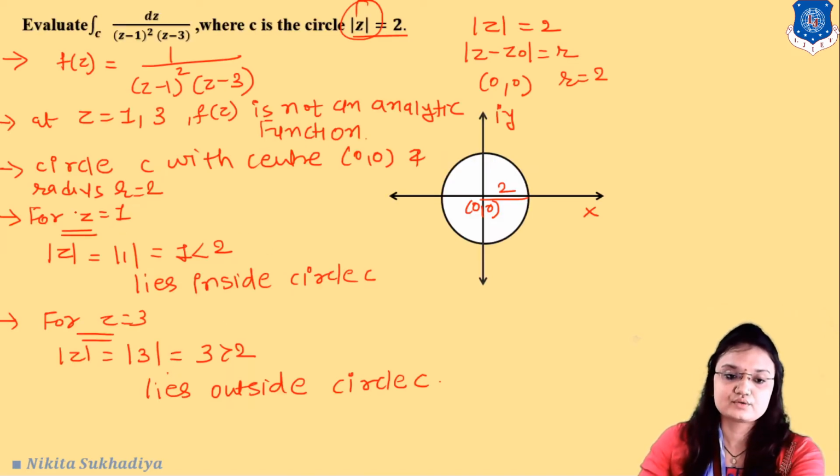So here we have 2 points. One is z = 1, for which our function is not analytic, and the second point is z = 3, for which our function is not analytic.